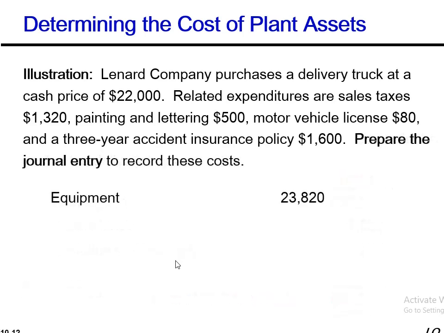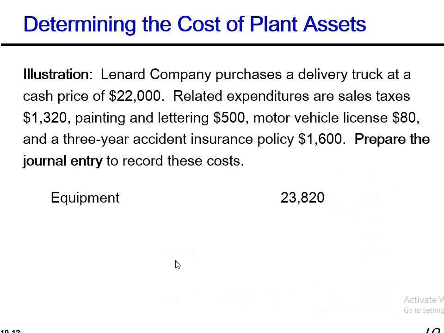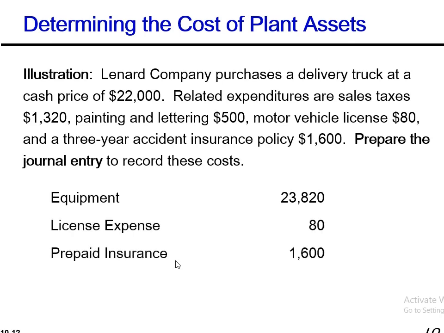The journal entry to record these costs will be: equipment, which we just calculated, $23,820, gets a debit. We have license expense, which is $80. We have prepaid insurance, $1,600, which is a current asset. For all of them, we paid cash, $25,500.